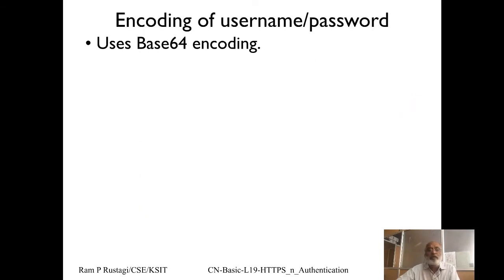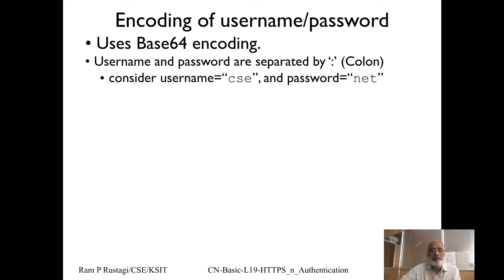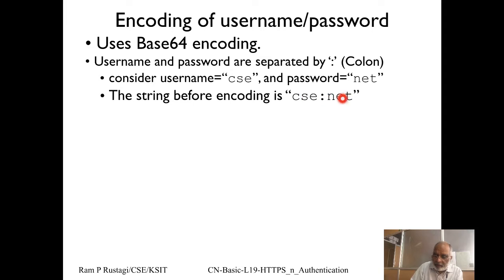So how does the username and password get encoded? The user enters a username and password, and the whole thing becomes a string separated by a colon. So when the user enters username CSE and password, let's say NET, it is constructed as CSE:NET.